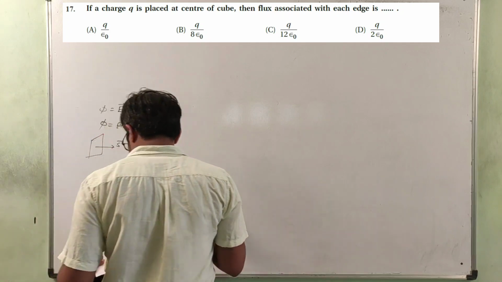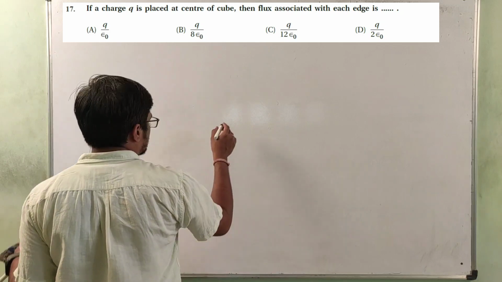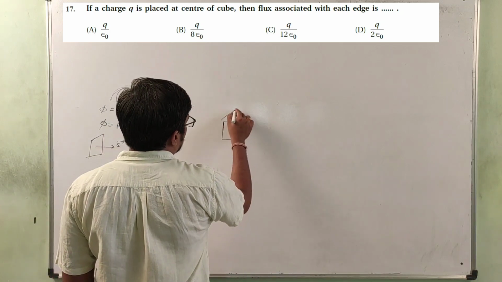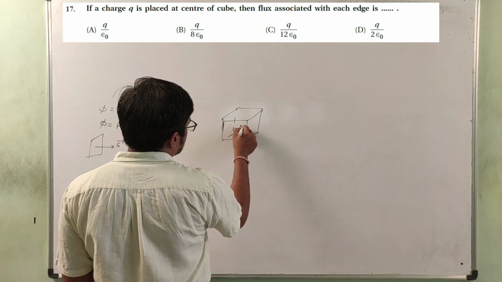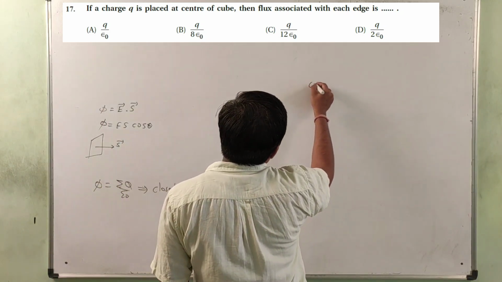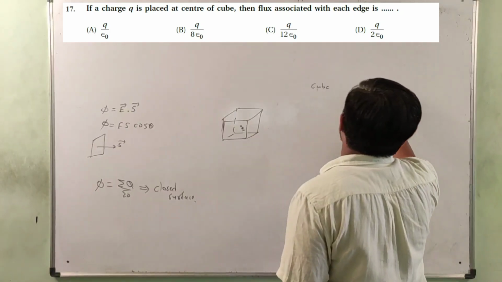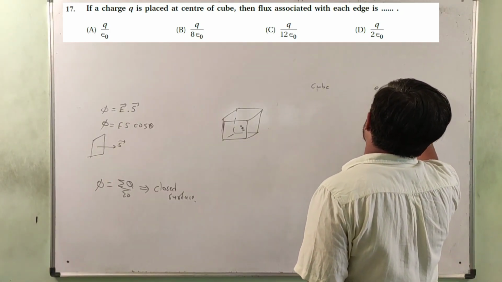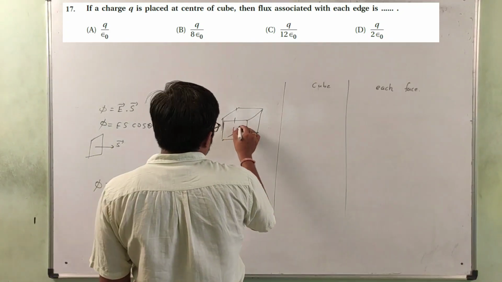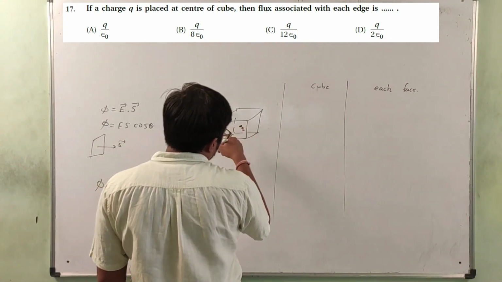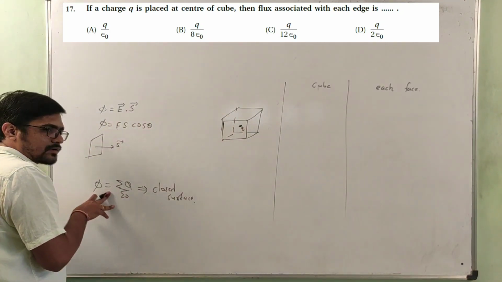So first question, if the charge q is placed at the center of the cube, then the flux associated with each edge. Charge q is placed at the center, so what is the flux with the whole cube and with each face? The whole cube is a closed surface, so you can apply Gauss law.